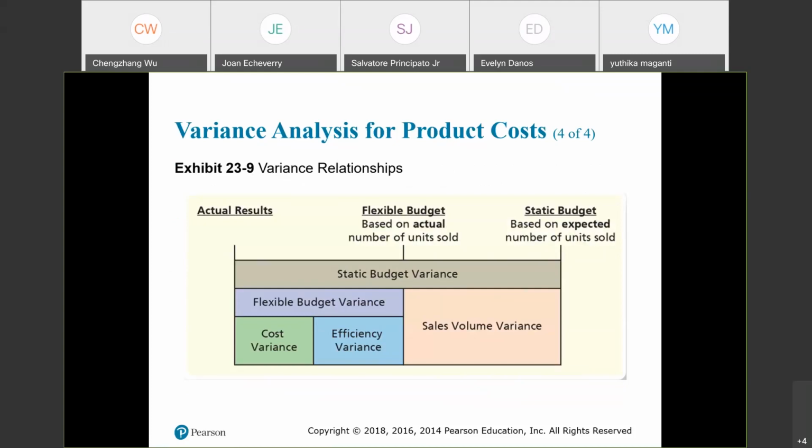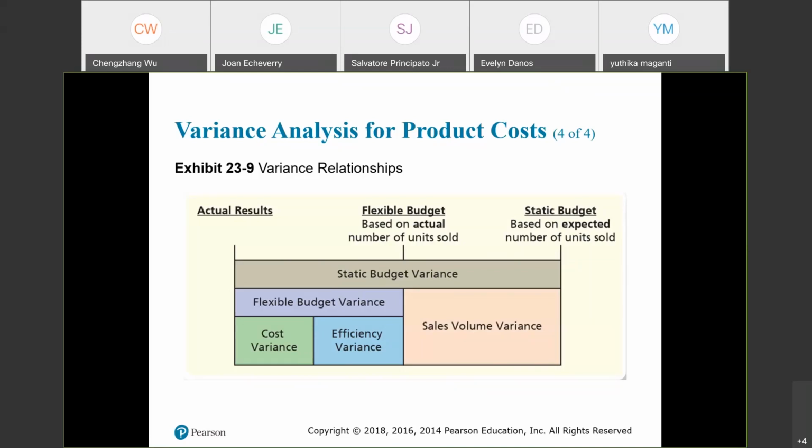So in addition to the flexible budget variance, we also need to consider the sales volume variance. That is for the fixed overhead. Sales volume variance has an impact on the fixed part of the manufacturing overhead.